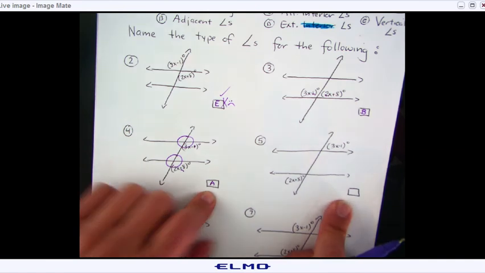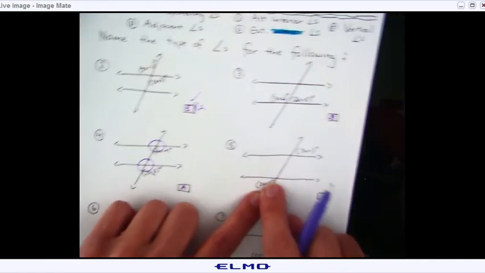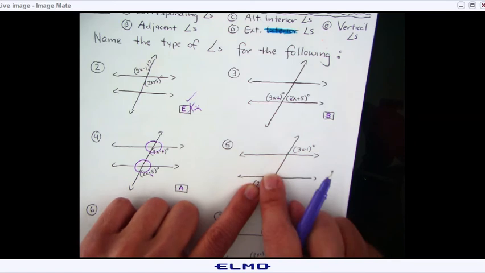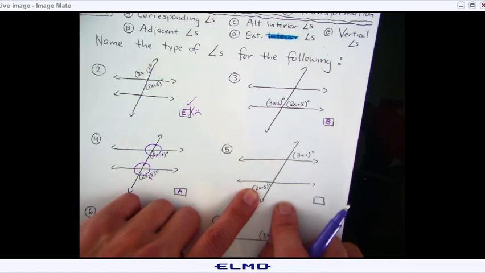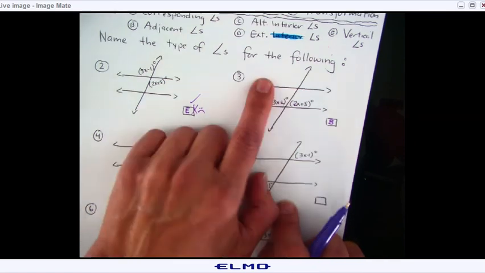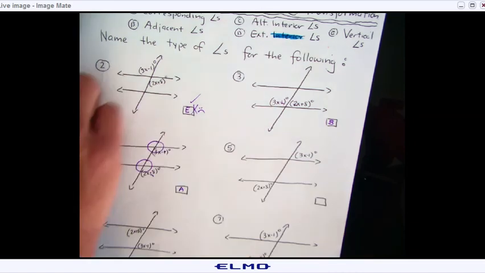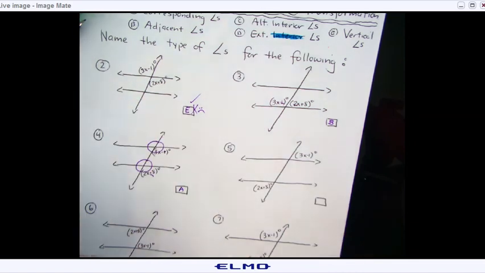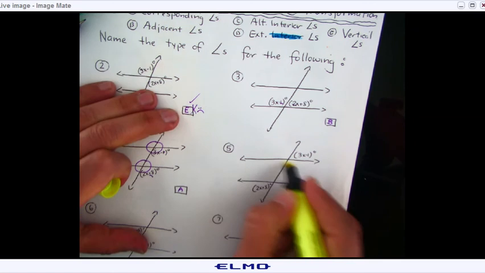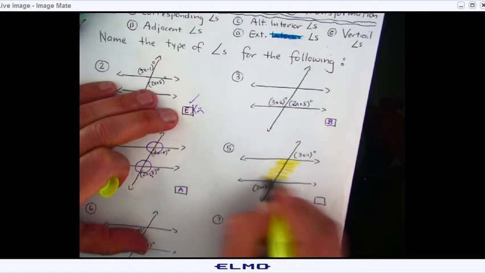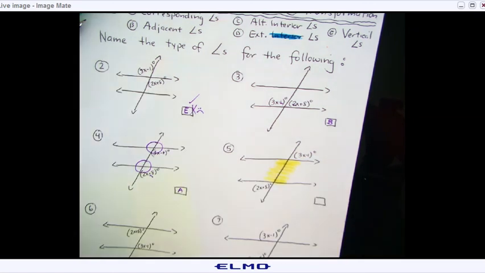Number 5 is, oh, okay. Now they're opposite, so they're going to be alternate interior or exterior. So remember that this is your interior, so it's not there.